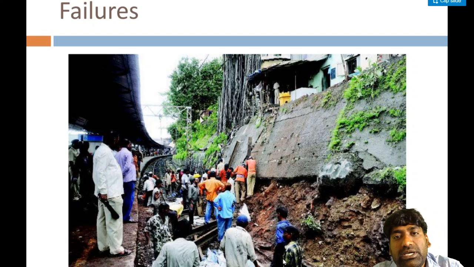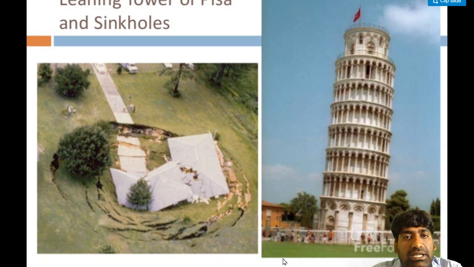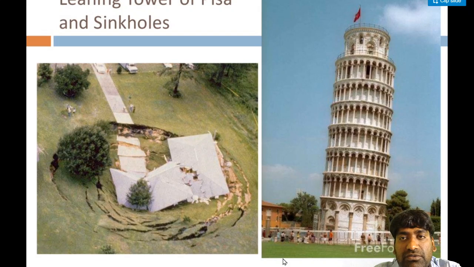In this figure you can see the failures which have occurred. On the left side we are seeing sinkholes, and on the right hand side we can see the leaning tower of Pisa. These are some geotechnical failures which you are seeing in these images.